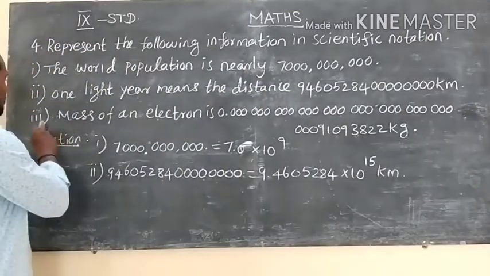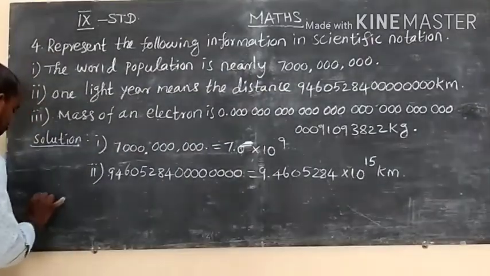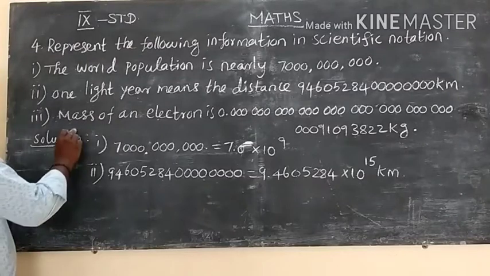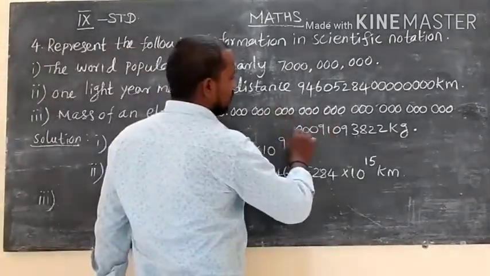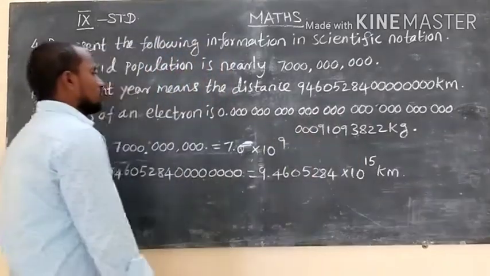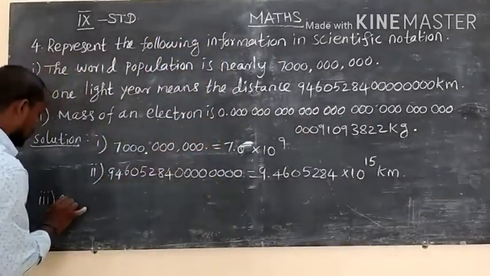Okay. Then the third question: the mass of an electron is given. This is the given number, so write the given number 0.